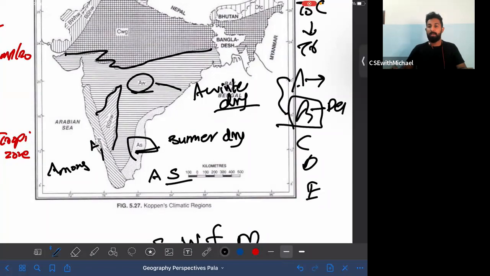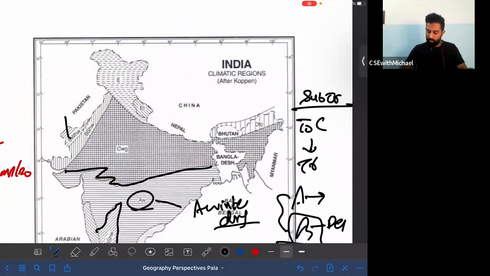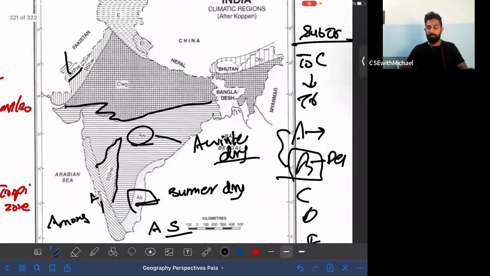It's not exactly desert, it's more of a steppe climate. BW is the desert region. So BS is B for the semi-arid condition, and S for steppe, like thorny vegetation. H for hot, and W for winter dry.